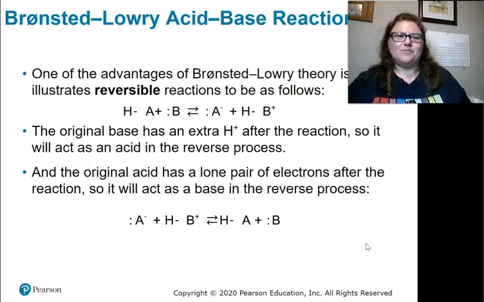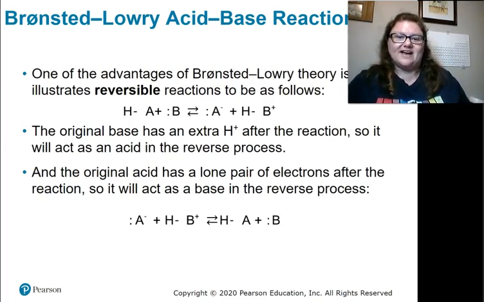All right, so let's talk about Bronsted-Lowry acid-base reactions. So it says one of the advantages of the Bronsted-Lowry theory is that it illustrates reversible reactions. And again, we see a general form here. The original base has an extra H after the reaction, so it can act as an acid in the reverse process. So we did not see this with Arrhenius.